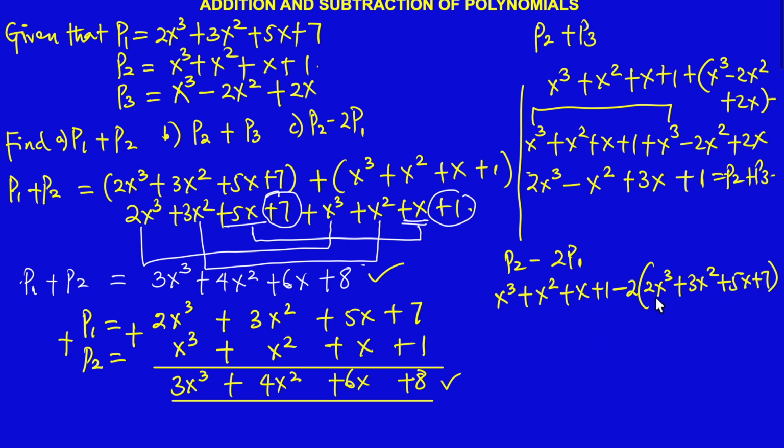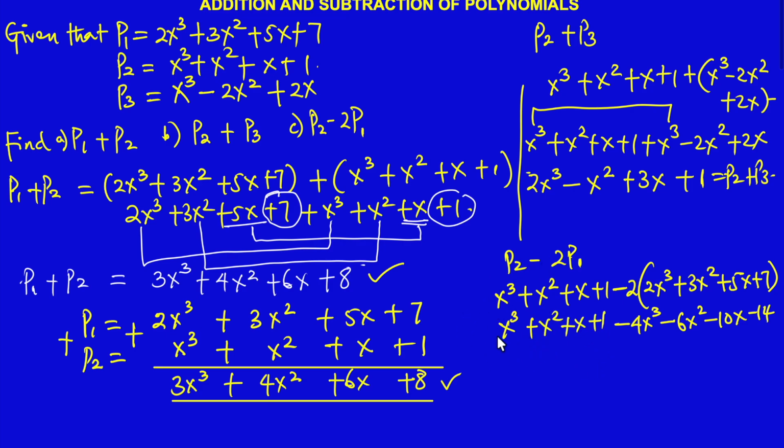So what we just do here is to open this parenthesis. So we have a negative 4x cubed. Then we have a negative 6x squared, then negative 10x, negative 14. And all of what we have in front here, x cubed plus x squared plus x plus 1.